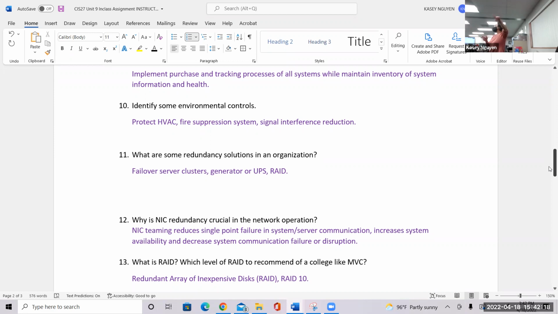So you can have multiple network interface cards, and with that, you reduce the single point of failure. Anytime I have one point that can be taken down and cause interruption, that becomes a single point of failure. Make sure you remember that for security class. Okay. So we can also increase system communication and performance, or communication in general, by teaming the NICs. Okay, and that reduces some of the potential areas of disruption for communication.